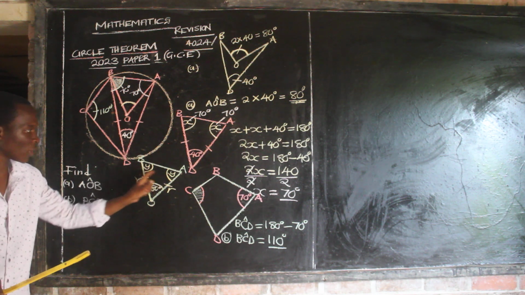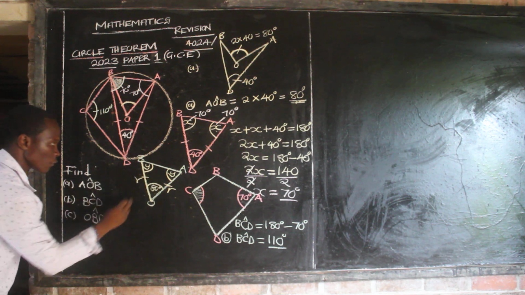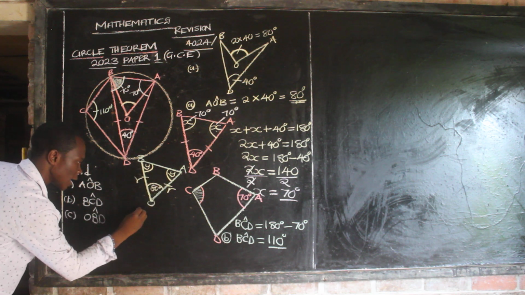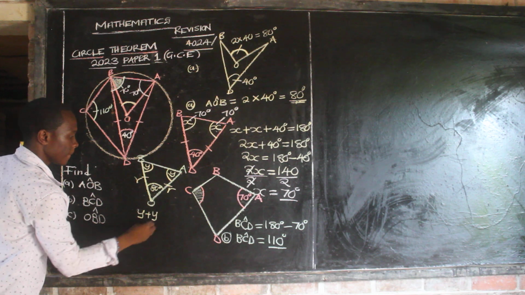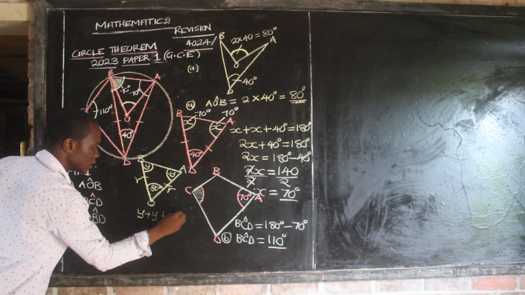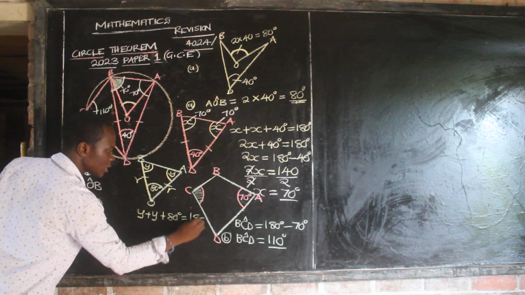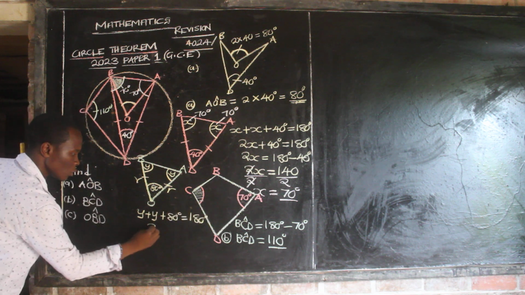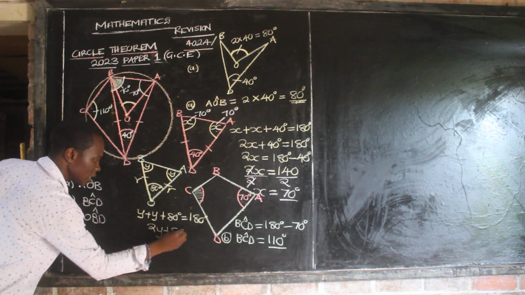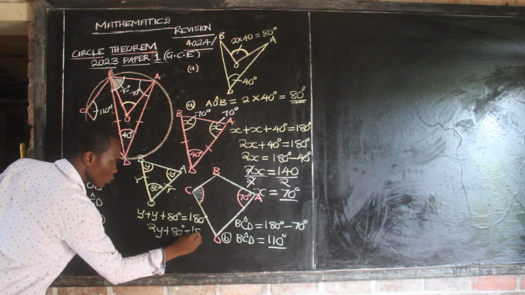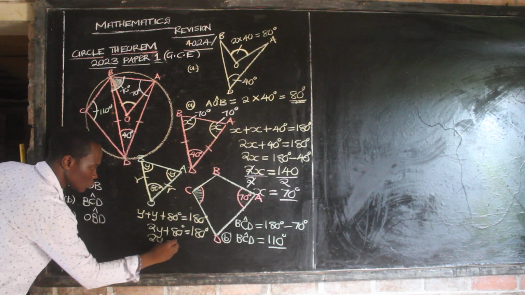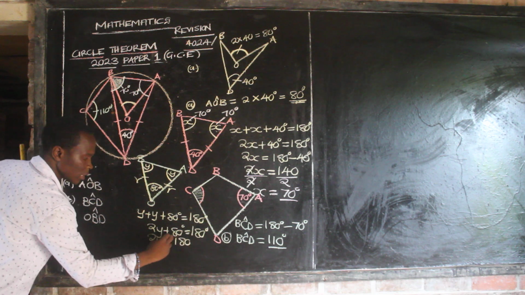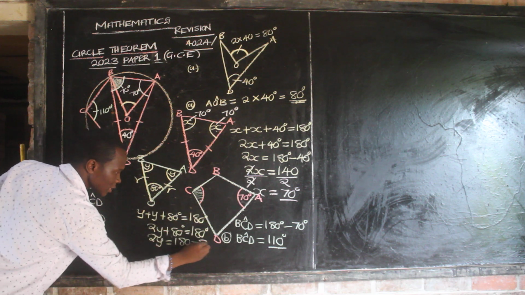So now, let us find y. For us to find y, just say y plus y plus 80 degrees is equal to 180. So y plus y gets to 2y plus 80 degrees is equal to 180.